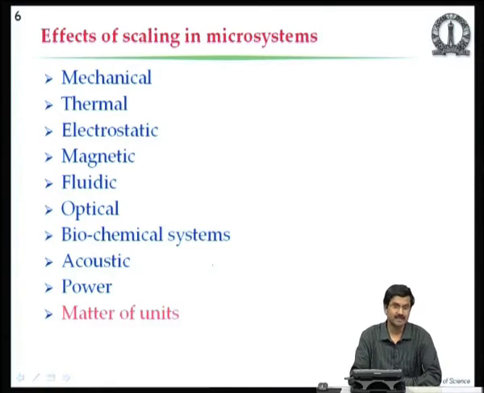The first is mechanical domain, and then we look at the thermal domain, electrostatic, magnetic, fluidic, optical, biochemical, acoustic, and power. So, all these domains have something to do with scaling, and we will discuss that and then see how we can use very simple modeling arguments to answer this question, why miniaturization in all of these subfields.